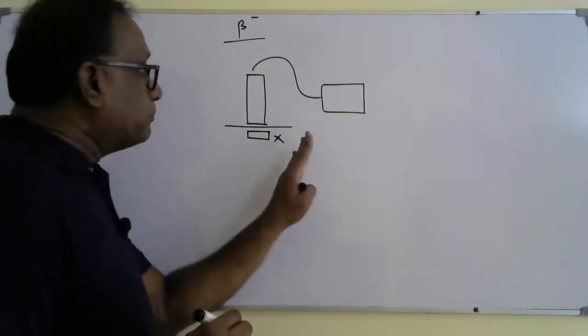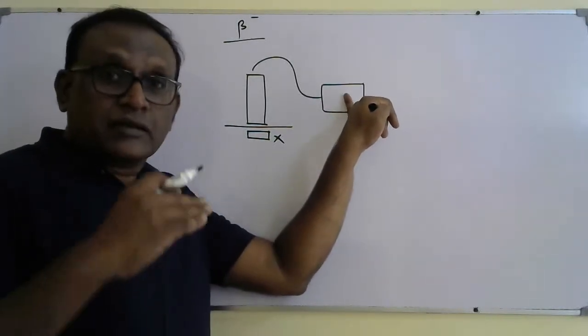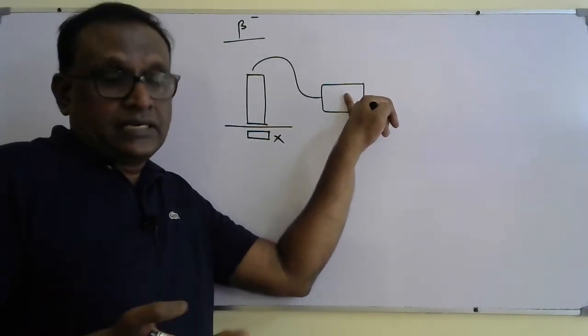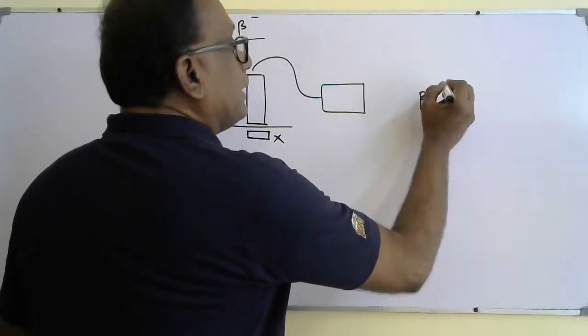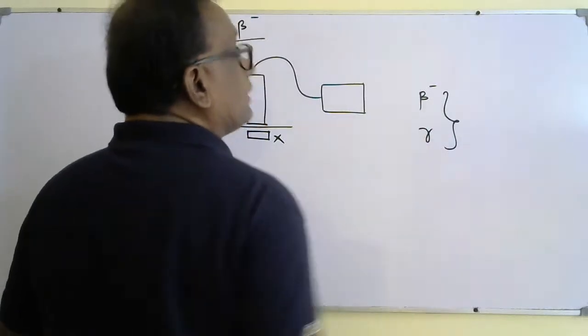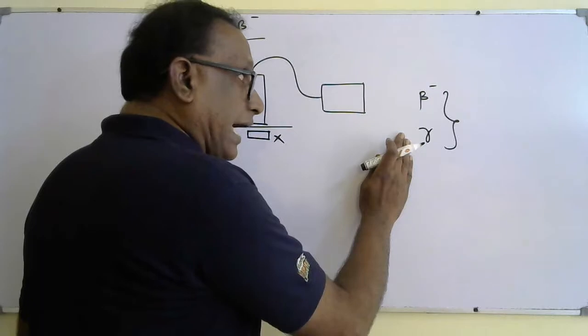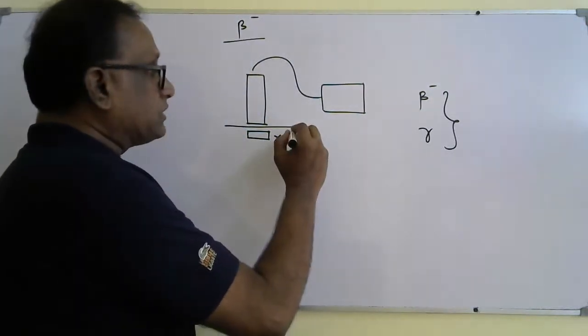Alpha is blocked by the paper. So the count rate you are getting, which is well above the background count rate, could be due only to beta minus, or only to gamma, or both together. Either of 3 possibilities, because you already blocked the alpha using paper.